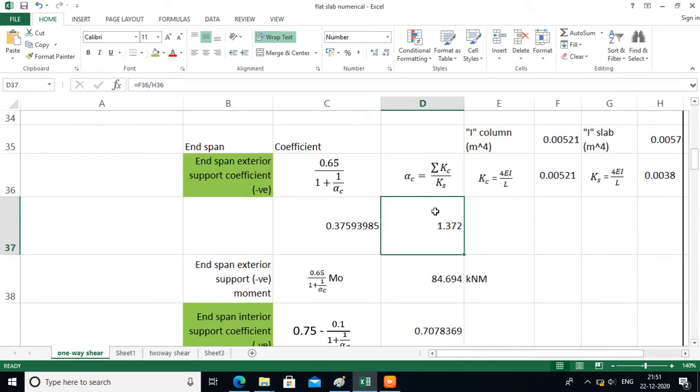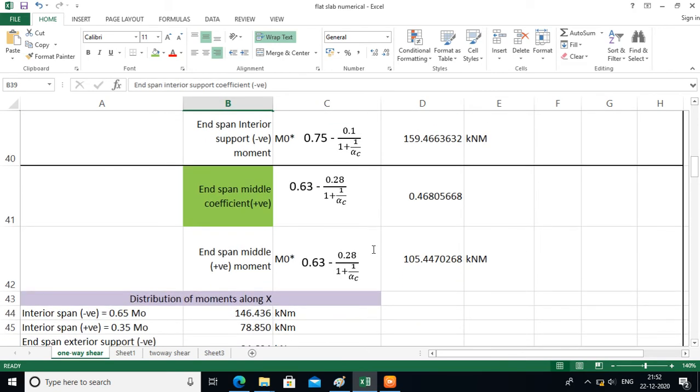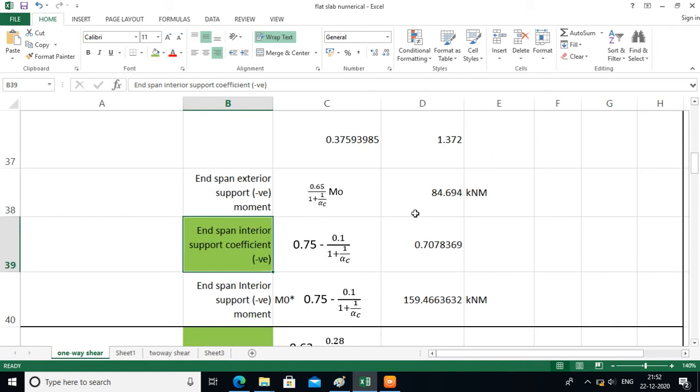1.372. So this alpha C we are going to put in this formula, so that we'll get the coefficient values for the three different cases. When we put this alpha C value, we'll get the end span exterior coefficient as 0.3759. We'll get the end span interior coefficient value as 0.7078.